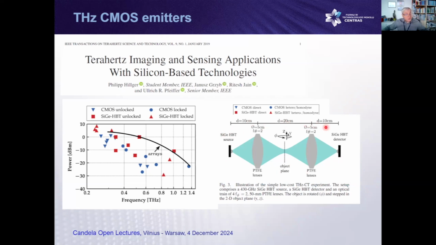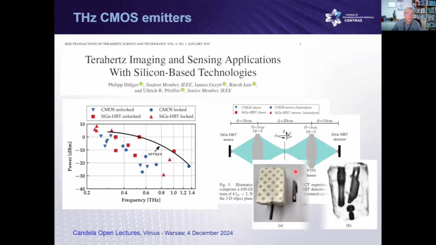It's not meters, only centimeter scale, and lenses are still relatively massive, but still the system becomes very effective, very compact, and contains minimal alignment. And they recorded a very nice demonstration of imaging with a knife hidden in a specific kind of container.